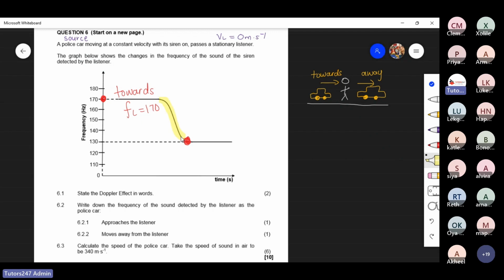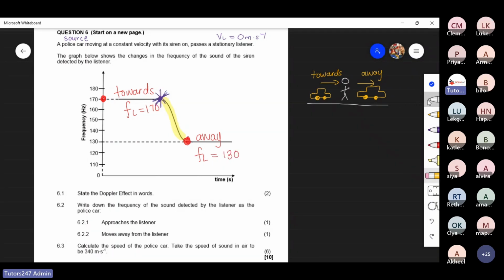At this point whereby the frequency changes, that is the point whereby the police car passes this individual. So that is this point here whereby the police car passes. Once the police car passes this individual, it then starts to move away from this person. So because it's moving away from the person, the frequency detected by the listener is then lower. So it's then going to be 130 hertz.